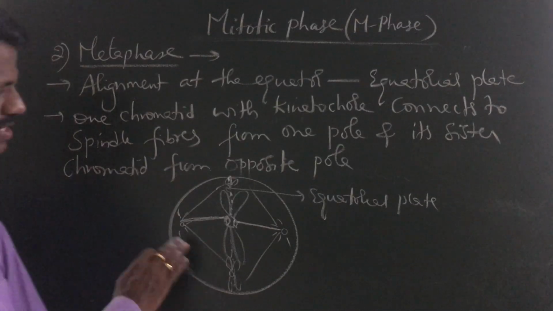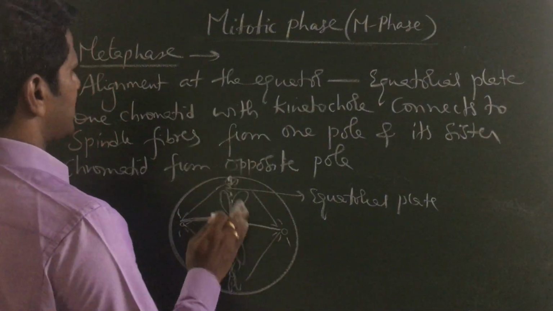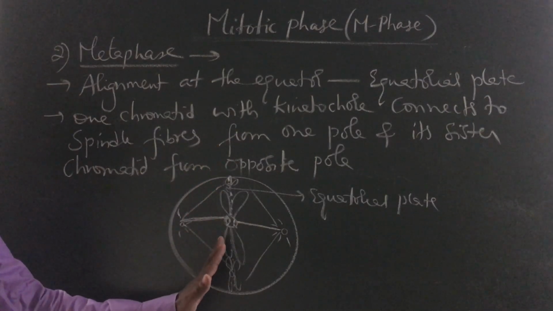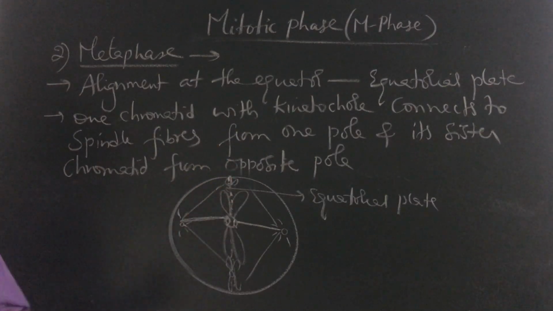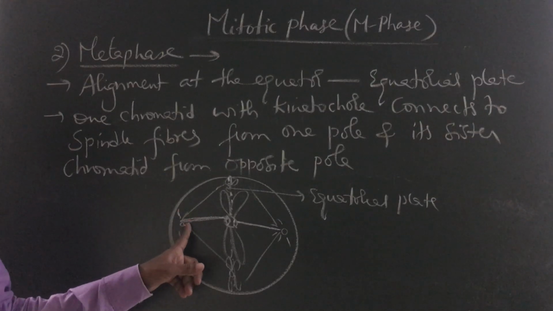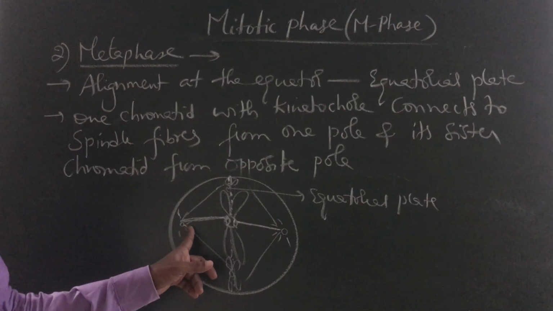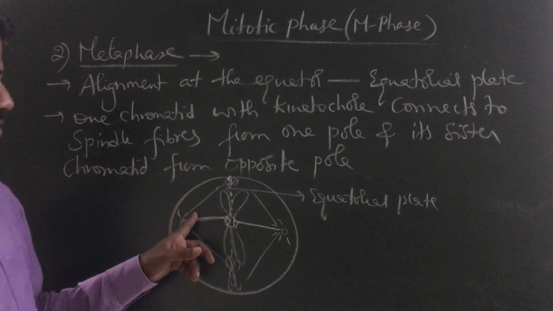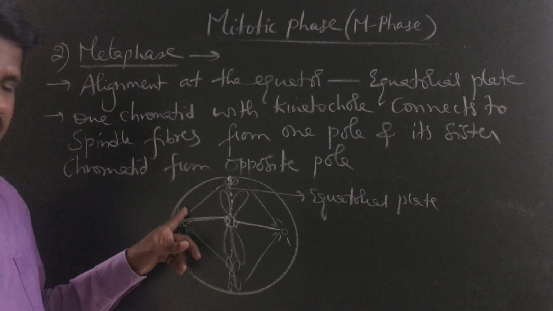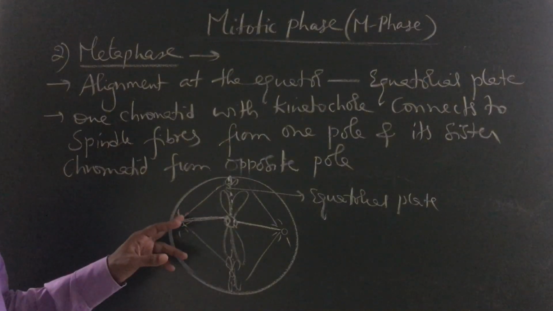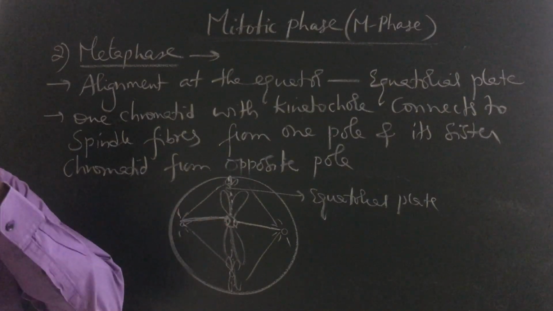So this kind of stage we see in the case of metaphase. All the chromosomes line up at the line of the equator, and the spindle fibers form from the astral rays, which are formed by the centrioles. So the centrioles form the astral rays, develop the spindle fibers, and they attach to the kinetochore.